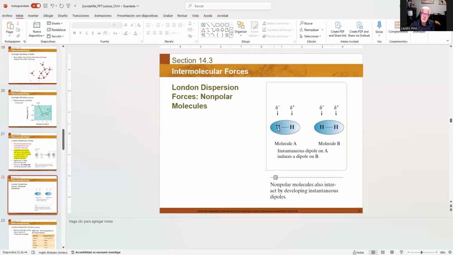When the atoms in the bond are the same, there is no difference of electronegativity, and there is no dipole. Only an instantaneous dipole happens in the molecule.